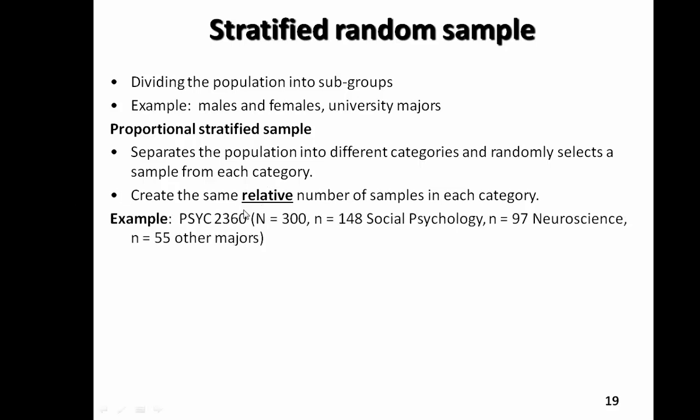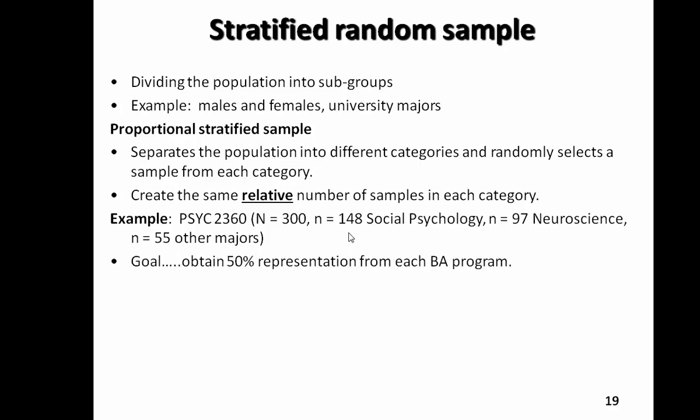So one example here in this course, Psychology 2360, we see that there's a total population of 300 students. 148 are focused on social psychology, 97 are focused on neuroscience, and another 55 are pursuing other majors.